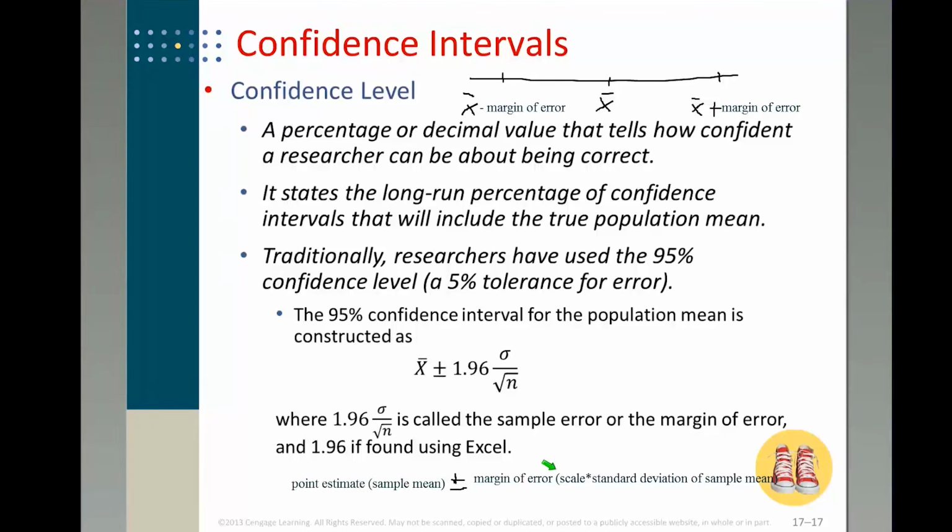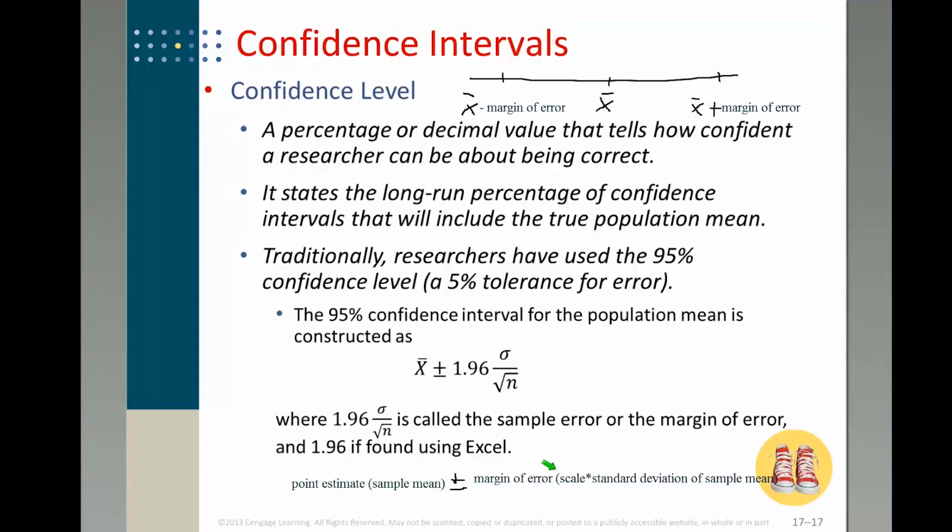Typically we pick 99% at the high end, but the default, typical level is 95%, which means we have 5% tolerance for error. Sometimes we also pick 90%, because if this is not critical, we can relax the confidence level.